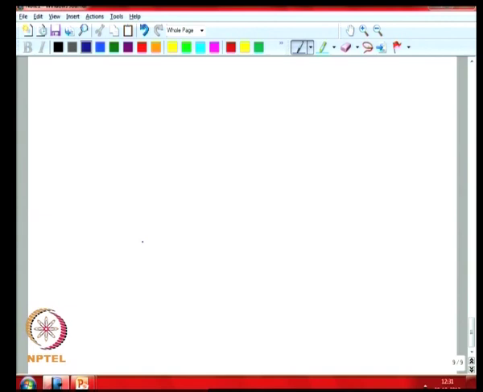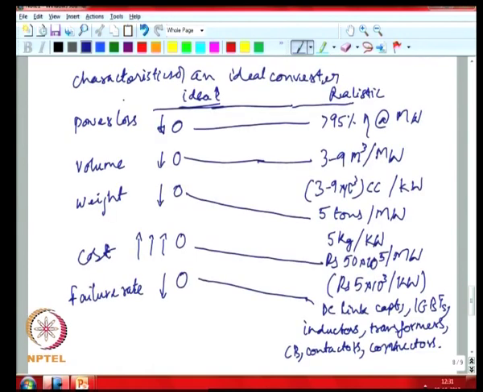You could also look at, now given these previous numbers, these are fun exercises to carry out. Here you know the cost per kilowatt of a power converter, and you also know the weight per kilowatt of the converter.